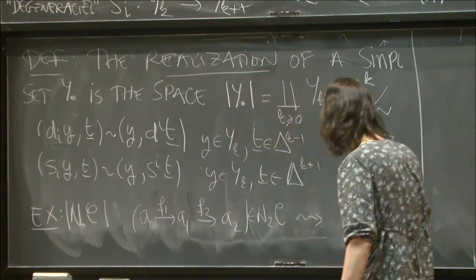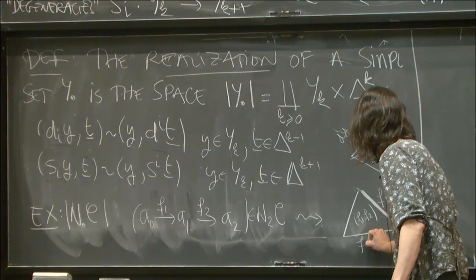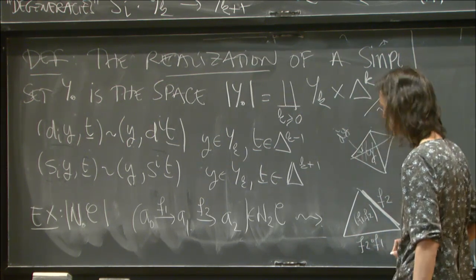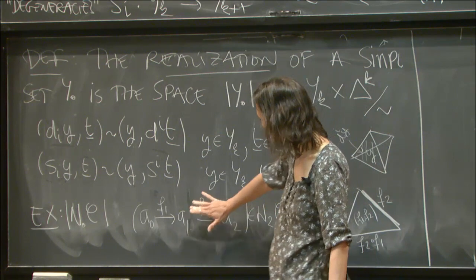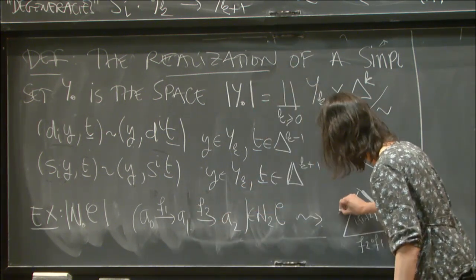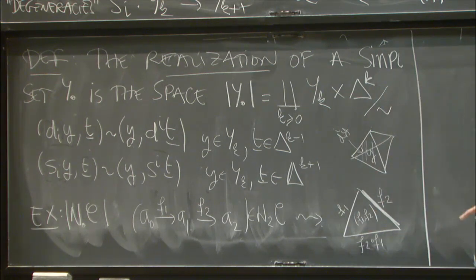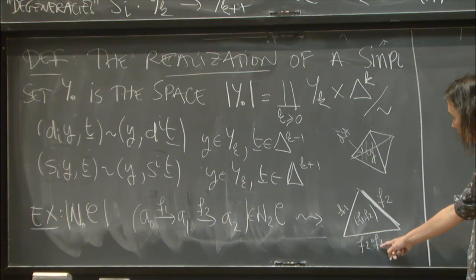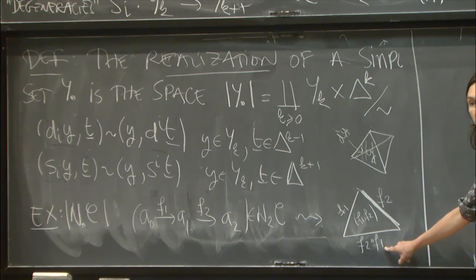Somewhere I should compose, and we want to put them here, F2 of F1. And D2, I should forget the last guy, and so I have F1. So somewhere, the three boundaries go around the simplex in this way. There's F1, F2, and F1 of F2 of F1.